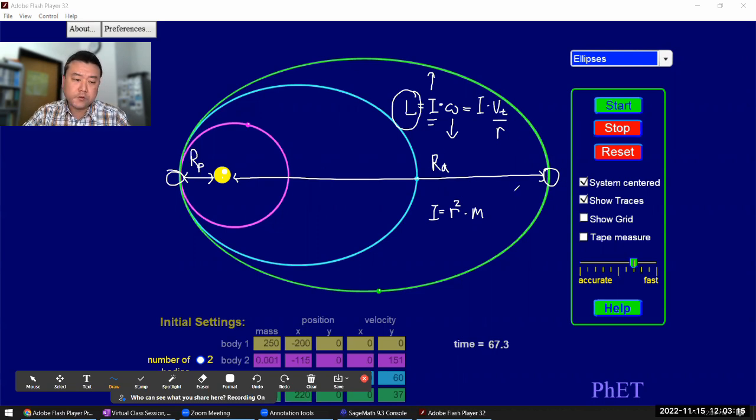So that's one way of looking at how, in this situation where you see the speed of the orbiting object change, that's consistent with angular momentum conservation.